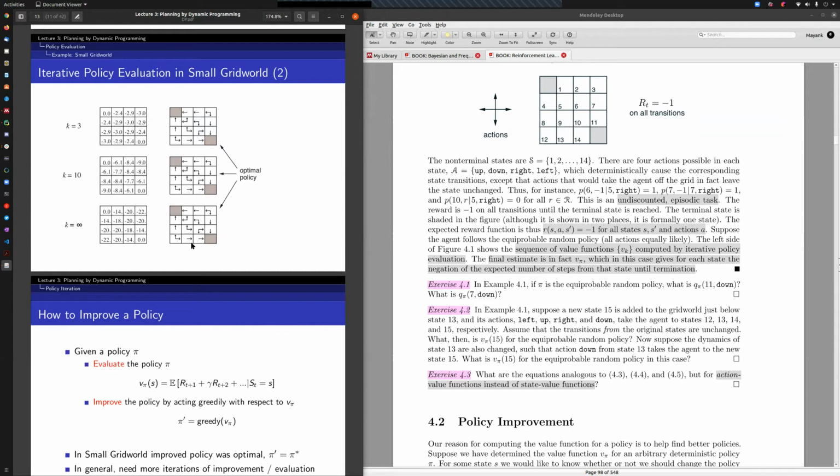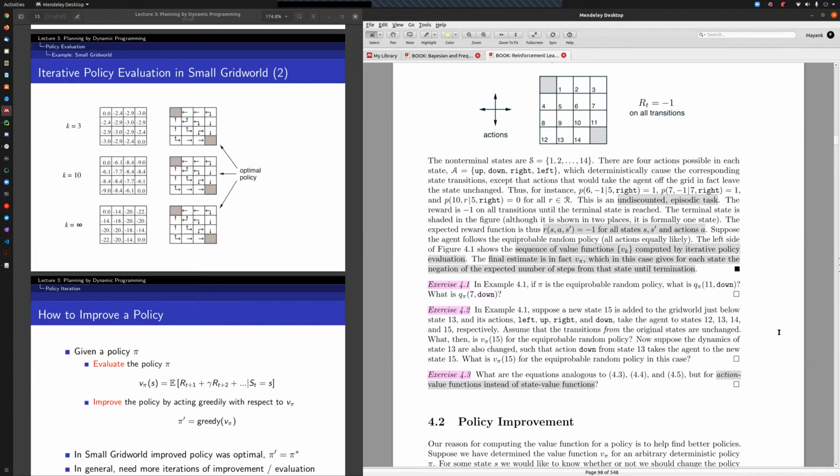Okay, does it make sense? But if we change the transition probability of state 13, in that case, the value for state 13 itself will change. And because state 15 is further away from the terminal state, the value of state 13 will drop. So it will become lower.